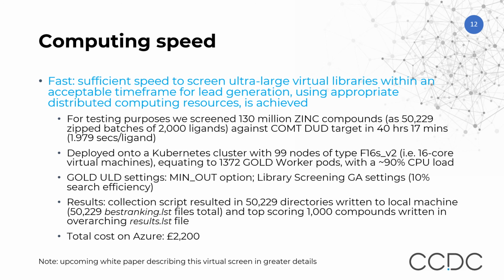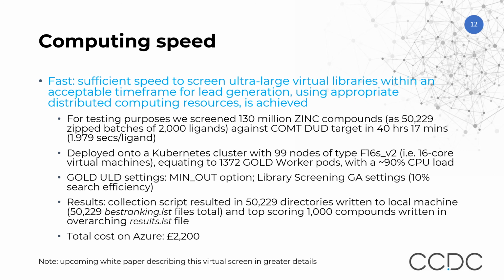In terms of the recommended settings, we recommend using min-out option and library screening genetic algorithm setting, which means 10% search efficiency. We found that these settings did not strongly affect the performance.